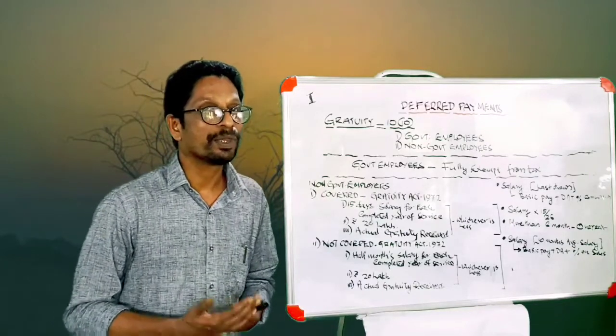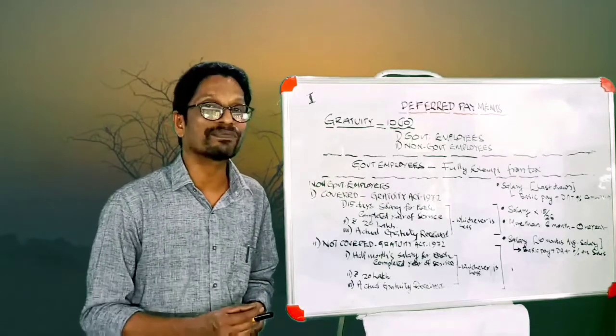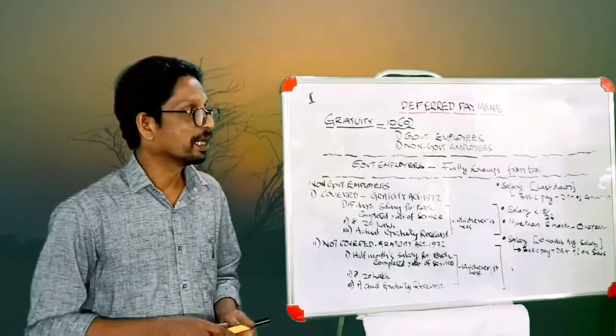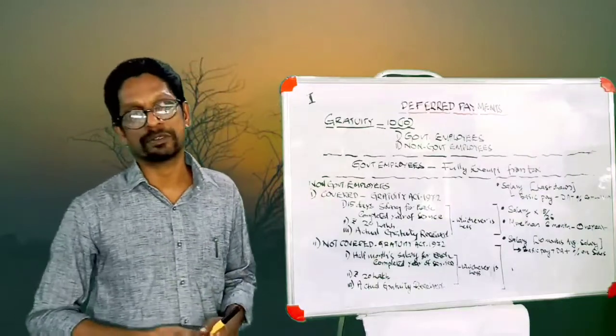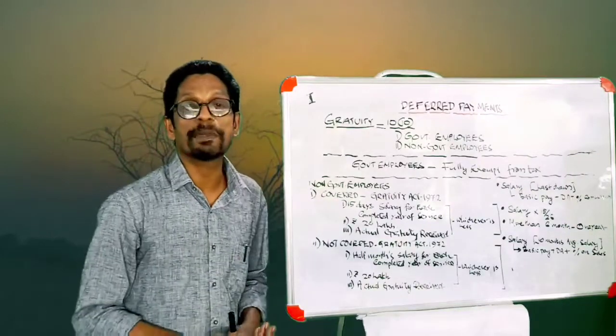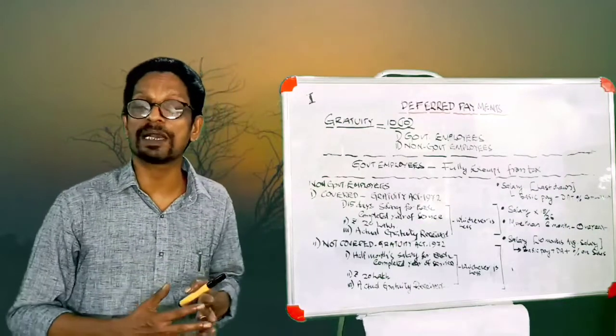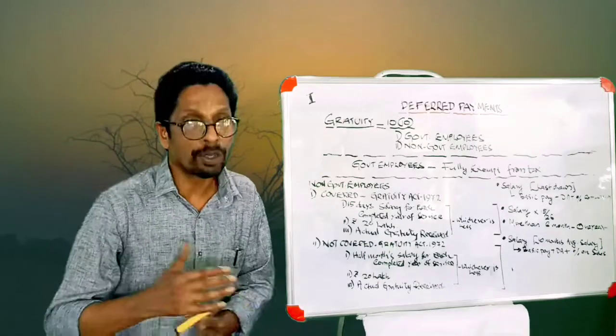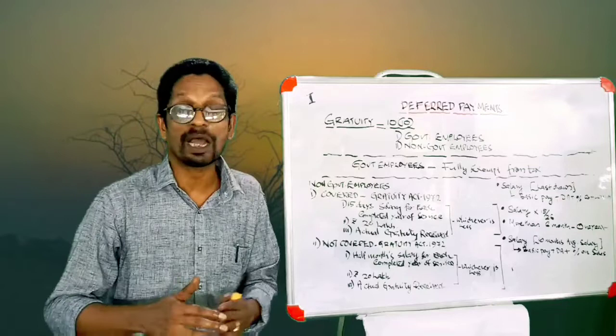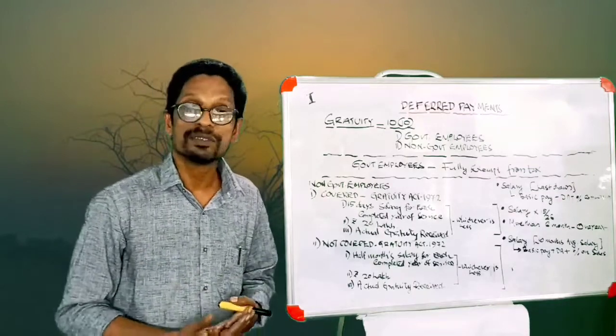Today we are taking a part of this salary, that means deferred payments. What is deferred payment? Deferred payment means the payment given by the employer to the employee at the time of retirement or after retirement or after a certain period of service.